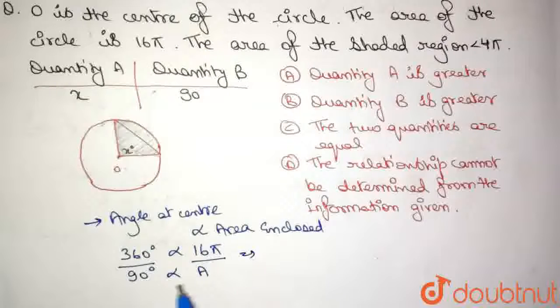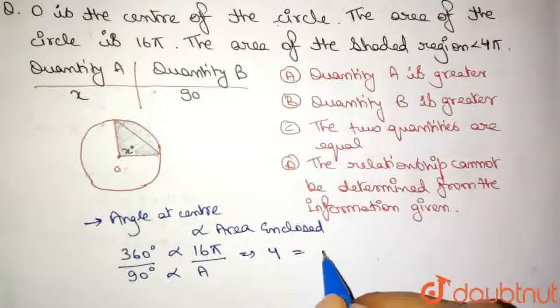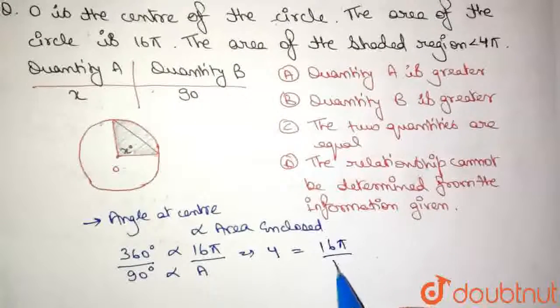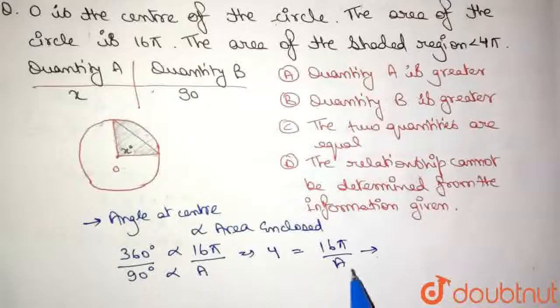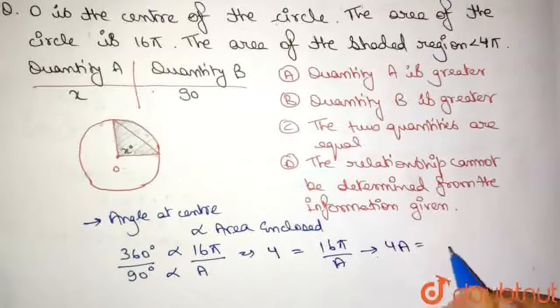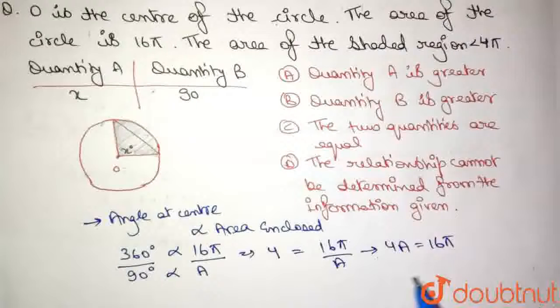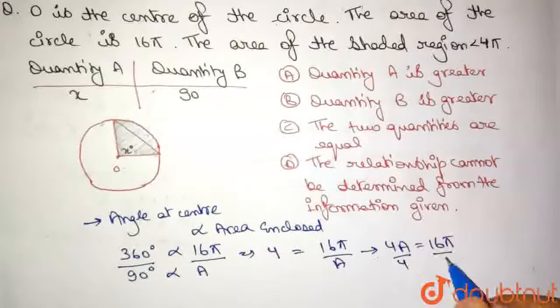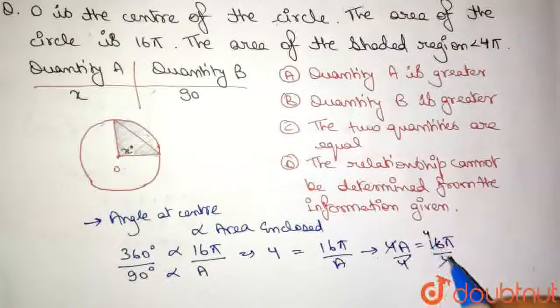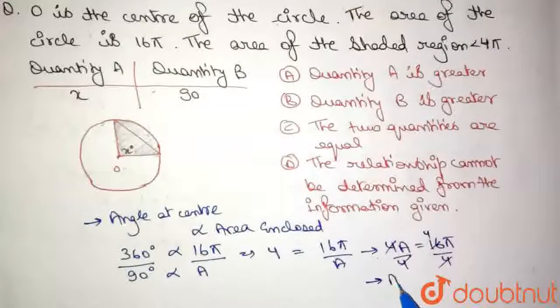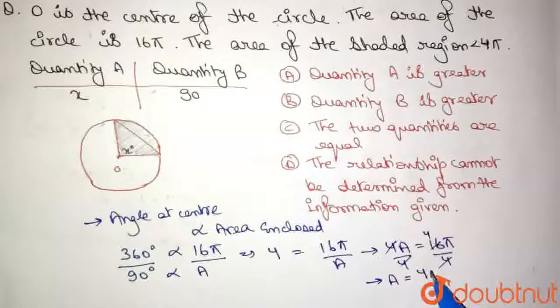So I can say that 360 by 90 equals 4. So 4 is equal to 16 pi by a. Or if we multiply both sides by a, I get 4a equals 16 pi, as the a in the denominator is cancelled out. Now if I divide both sides by 4, the 4 and 4 cancel out, and 16 and 4 cancel out, and what remains is simply 4. So I can say that a is equal to 4 pi.